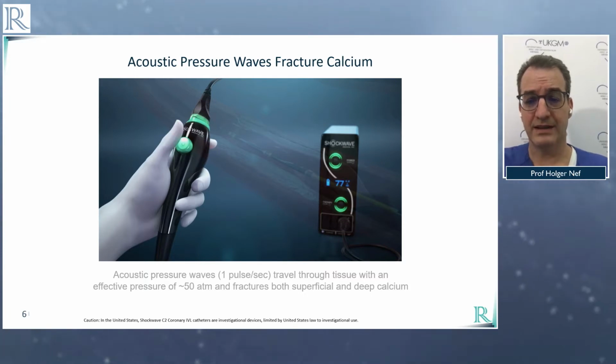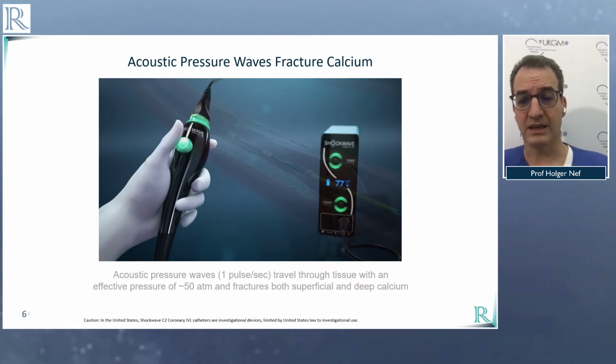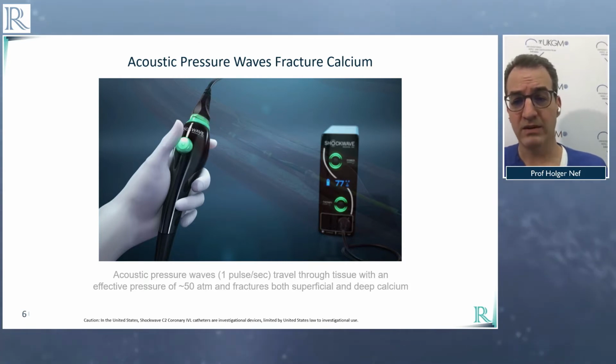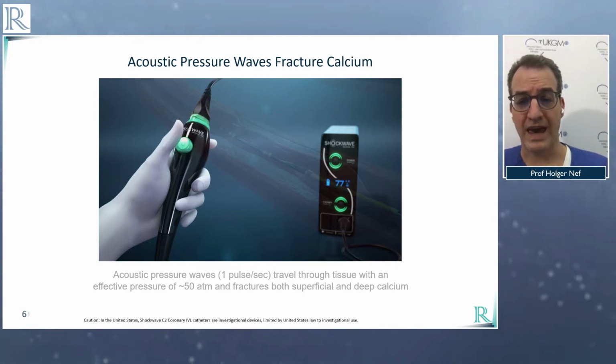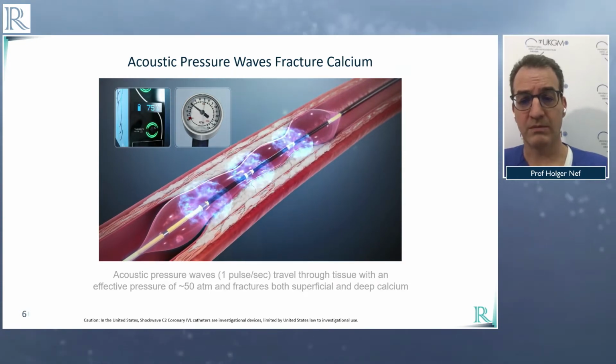Well, this is the intravascular lithotripsy, and it was introduced to modify the calcium with a balloon catheter and a generator. And if you can run my video, the generator produces energy which is applied by the emitters.